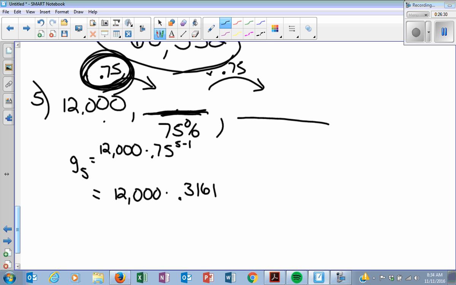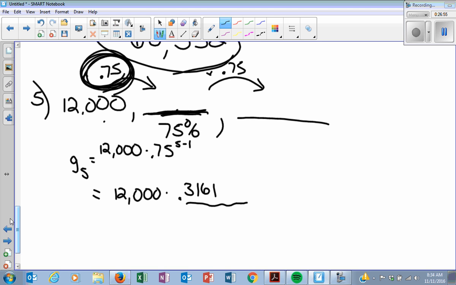Now, do not touch anything in your calculator. It's a long number that kept on going, right? Leave that number in your calculator, because you want to round at the very last. Keep it in your calculator so it doesn't round it, because your calculator actually keeps it a lot farther than you can see.